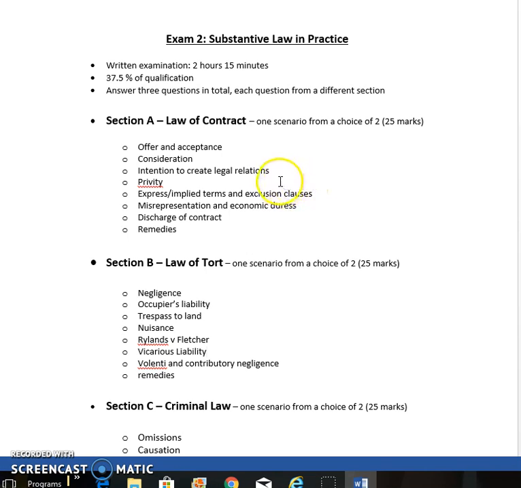It is possible that your scenario might be on one topic on its own, such as a whole topic on privity, but you could also have a scenario that has a mix of a number of these topics in it. So your scenario might have some offer and acceptance, a bit of consideration, maybe some remedies. So you need to be prepared to have a mix of topics as well as a topic on its own.